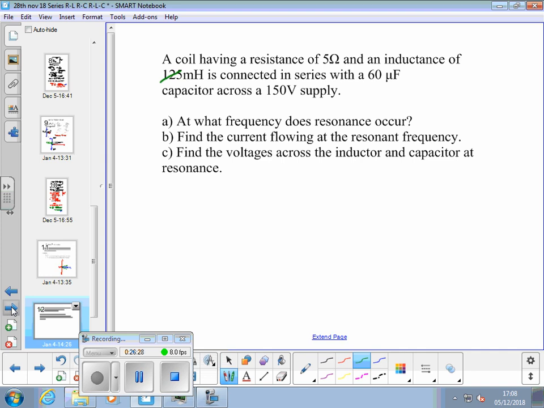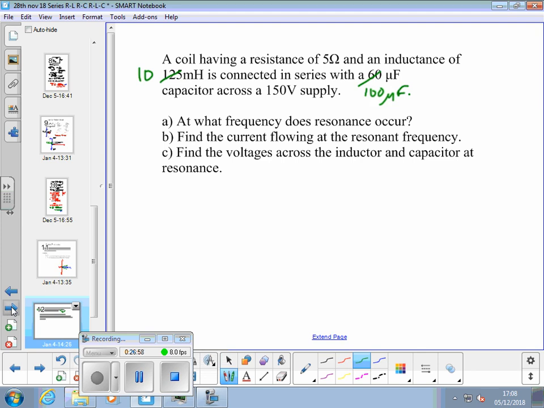RLC series circuit, 10 millihenries, and we use 100 microfarads. I wouldn't get too hung up on too much depth about resonance.